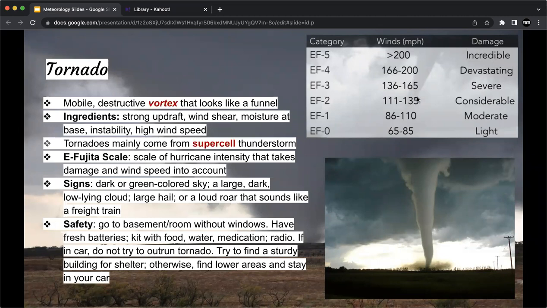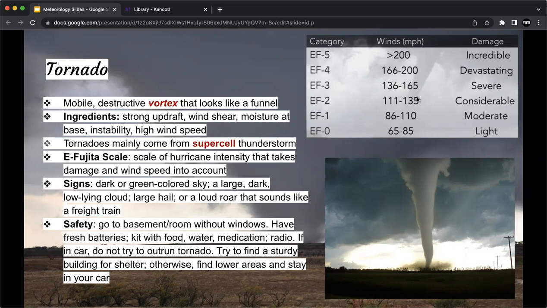You see at EF0, which is the weakest level, the winds are from 65 to 85 miles per hour, and there's light damage. But once we get to EF5, which is the most intense, the most severe, the wind speeds are over 200 miles per hour, and there is incredible damage.